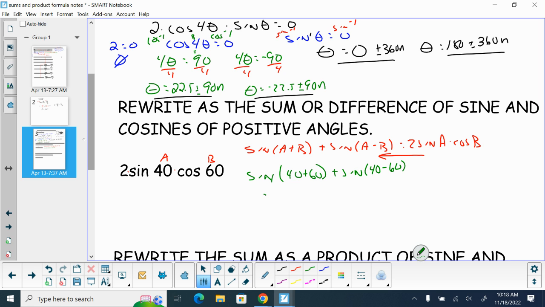So we have sine of 100 plus the sine of negative 20.